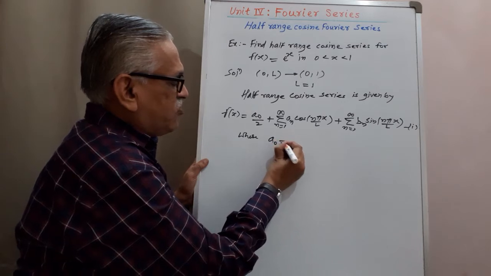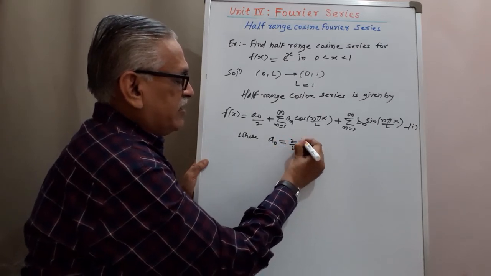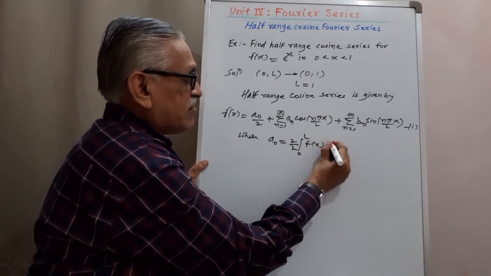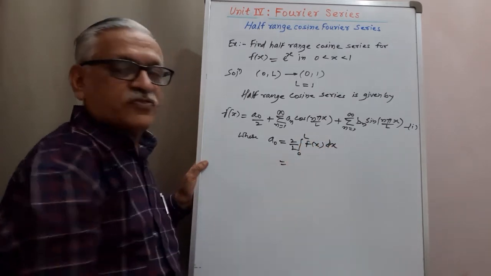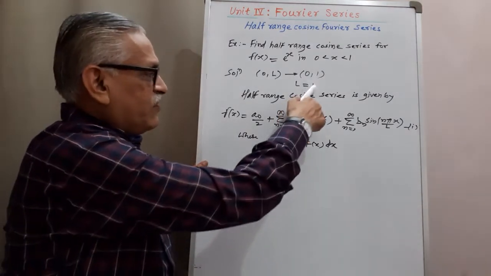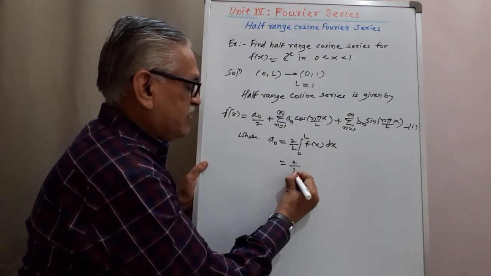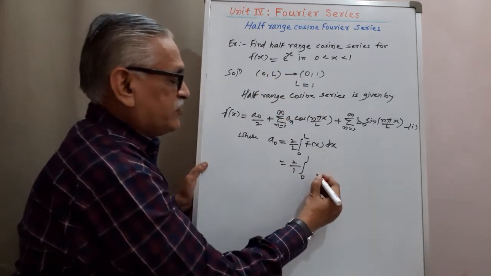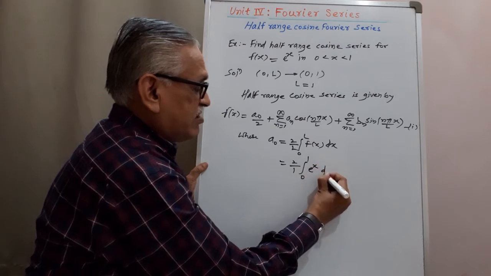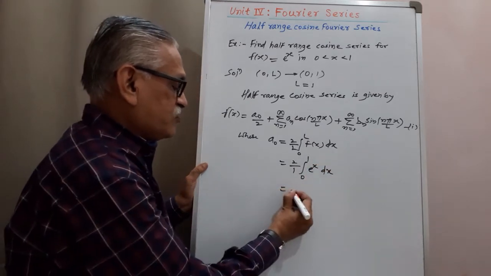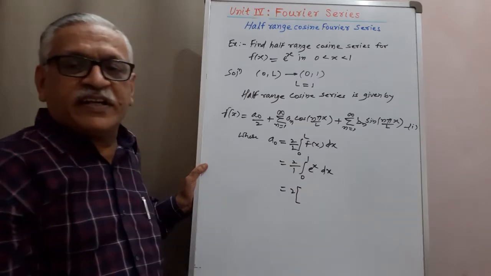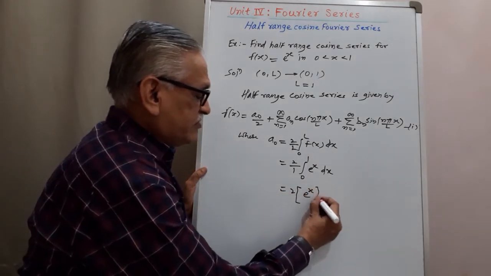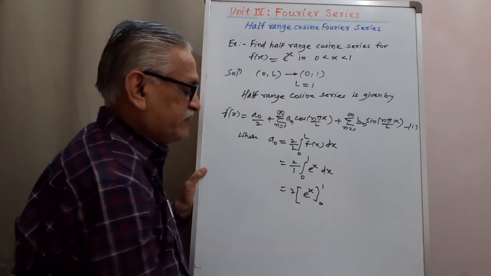where a0 is obtained by 2 by L integration from 0 to L f of x dx. Therefore, the value of L is 1, so it is 2 by 1 integration from 0 to 1, f of x is e raised to x. So it is 2 times the integration of e raised to x with respect to x, which is e raised to x, limits from 0 to 1.